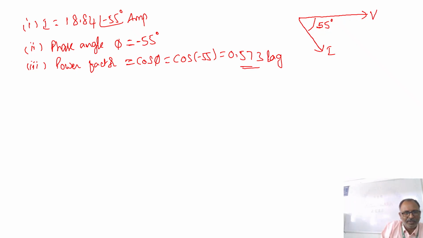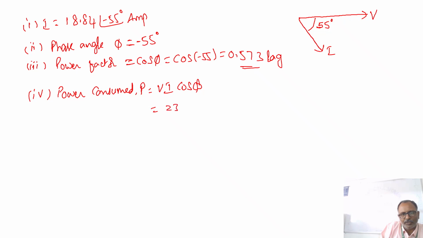So current is calculated, phase angle is calculated, power factor is calculated. Now we need to find out the power consumed. P is given by VI cos phi. Voltage is 230 volts, current is 18.84 amps.